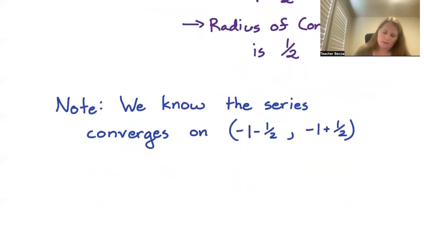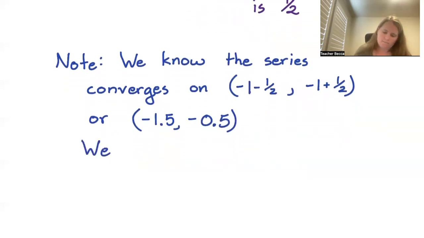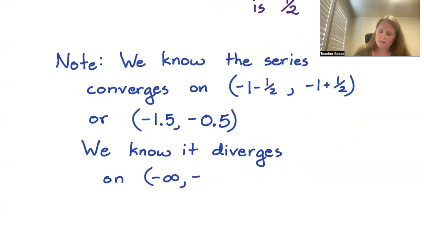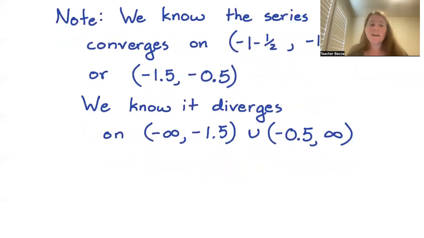So in other words, the interval from -1.5 to -0.5. And we know it diverges on the open interval from -infinity to -1.5, and from -0.5 on to infinity. The question is, what is happening at -1.5 and -0.5?